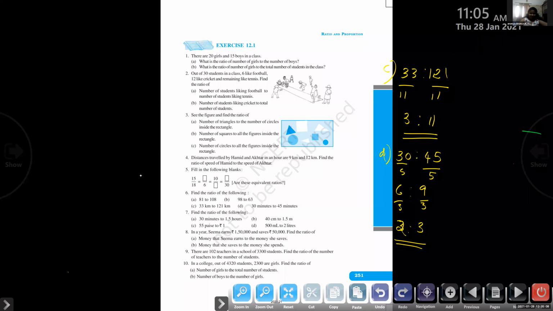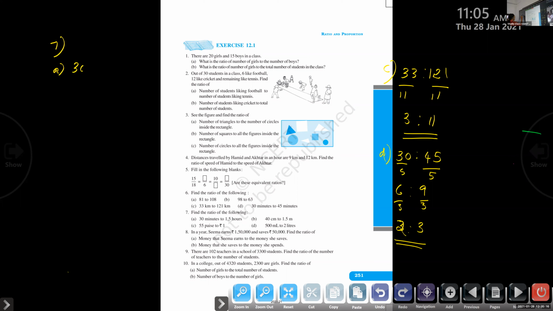Okay. So, seventh question. Find the ratio of the following. A. 30 minutes to 1.5 hours. What is the problem here, children? Units are different. So, can we make both into minutes? 30 minutes and 90 minutes.